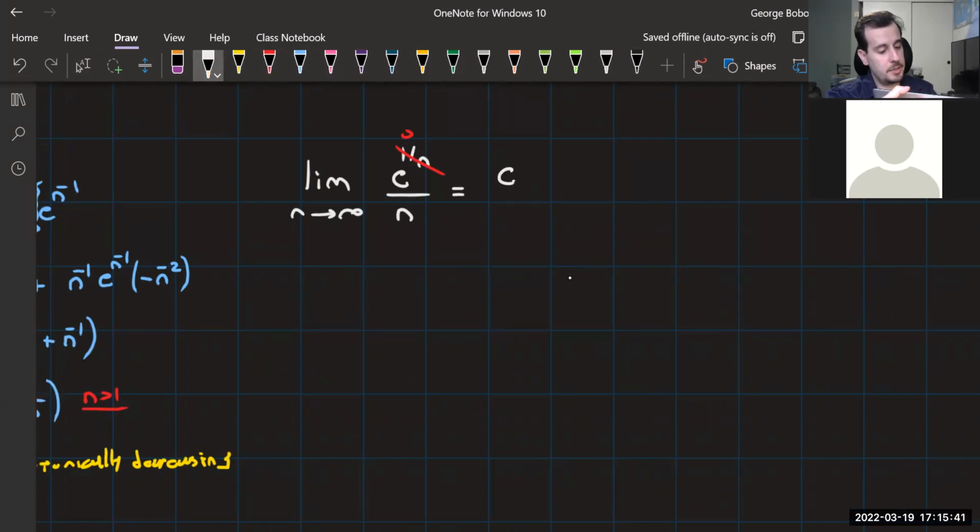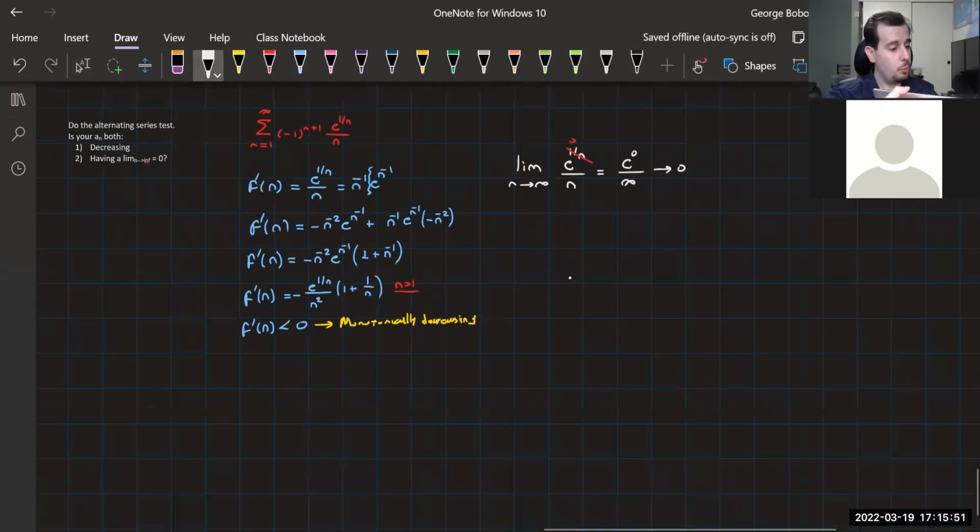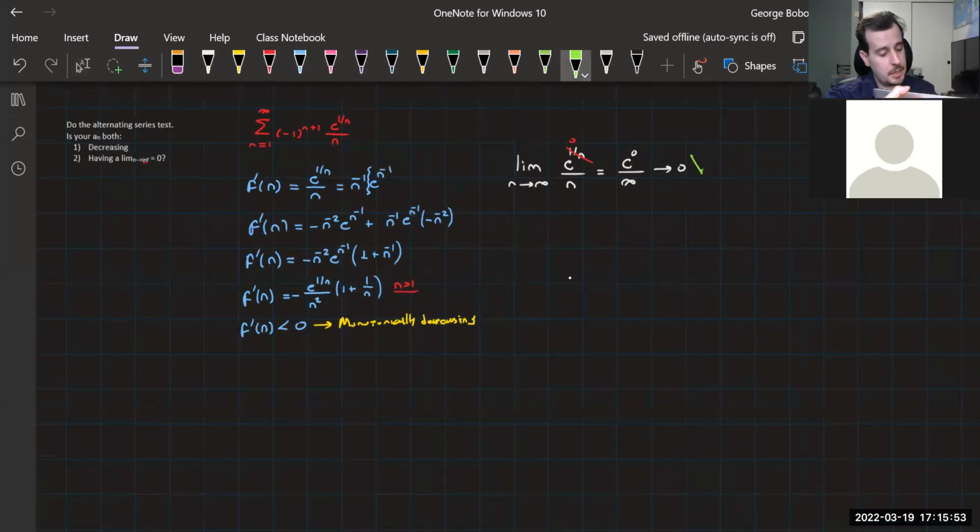All right, so we get e to the 0 over basically infinity, and that gets you basically 0. We don't have to do L'Hopital's rule, anything fancy. So we also succeed in the second test, and that means our conclusion right now is that we are conditionally convergent.